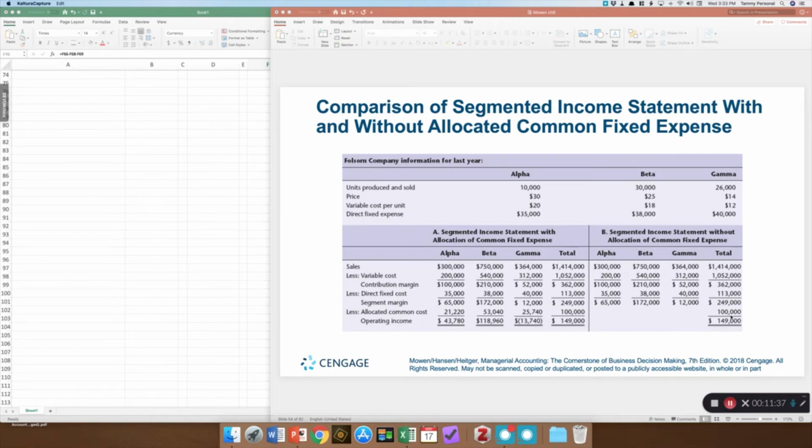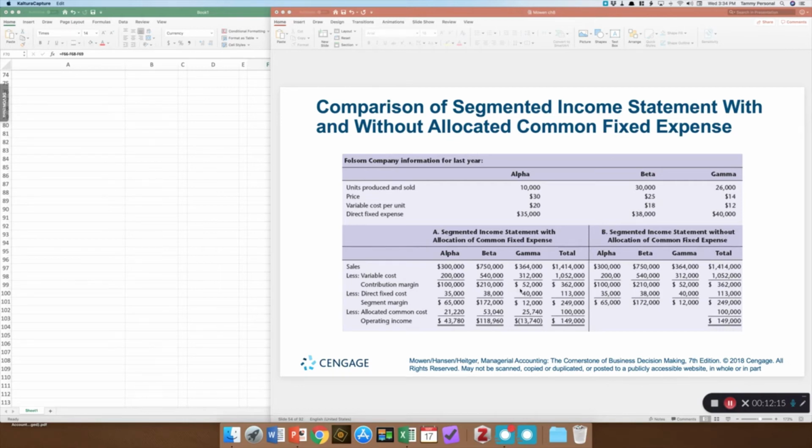They allocate that $100,000 across the three products, and it doesn't necessarily have anything to do with how much profitability there is in the products to start with. I would want to know, gamma has a contribution margin of 52,000 on sales of 364, whereas alpha has a contribution margin of 100,000 on sales of 300. So gamma is not the most profitable of these three products by a long shot.